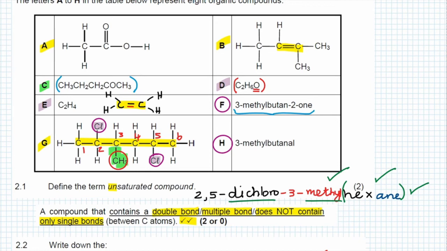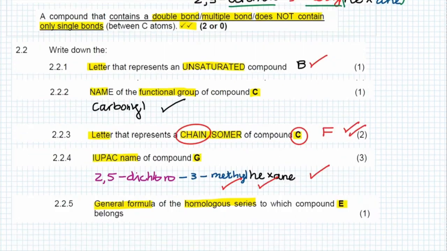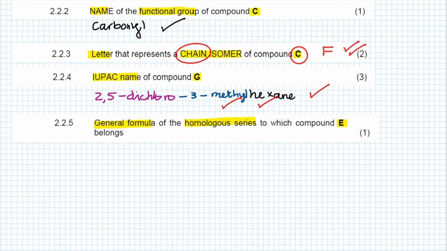This hydrocarbon contains a double bond and it is therefore an alkene. The general formula of an alkene is CnH2n. So for every 1 carbon, it contains 2 hydrogen atoms. For writing this down, you're going to obtain 1 mark.